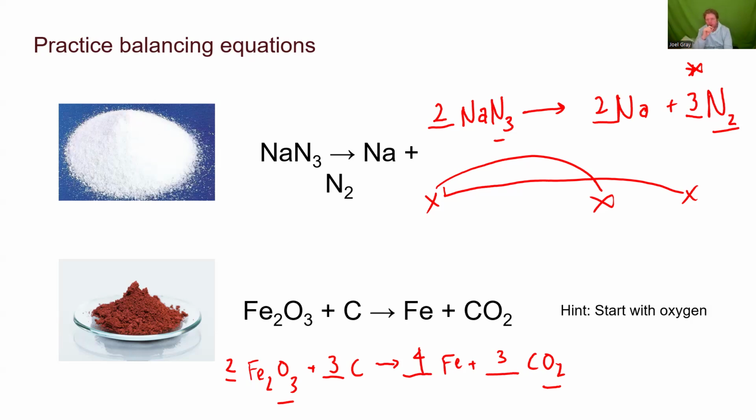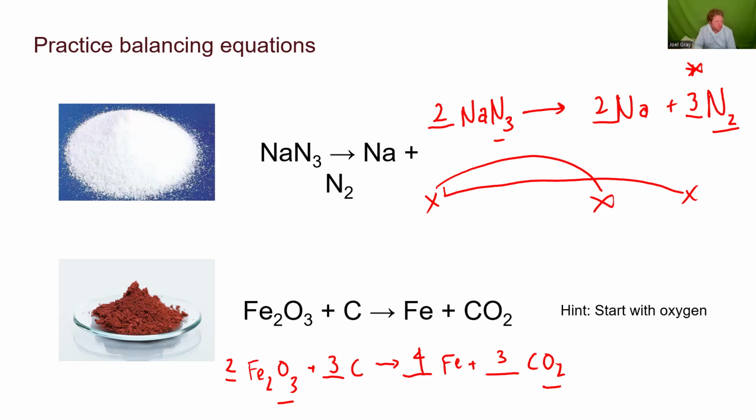Now, my question for you guys is, do you think that we would have come up with the same answer if we started on the reactant side? Add a Y for yes or an N for no. We got a vote for no. Got some votes for yes.